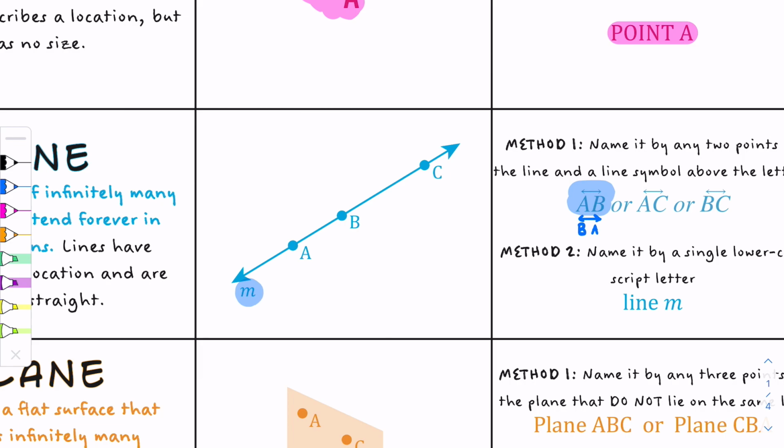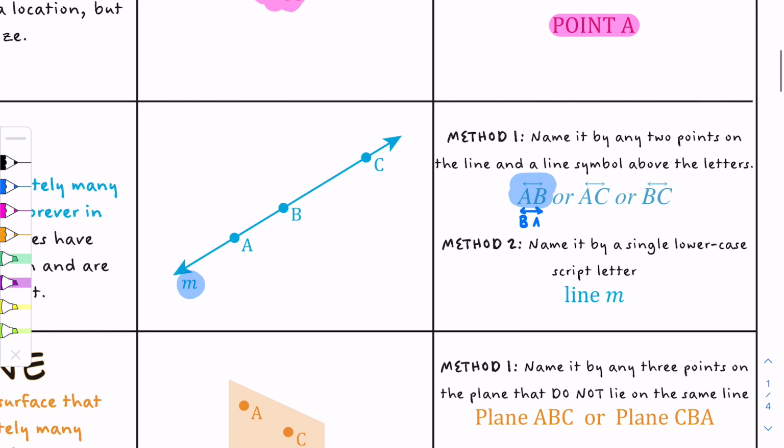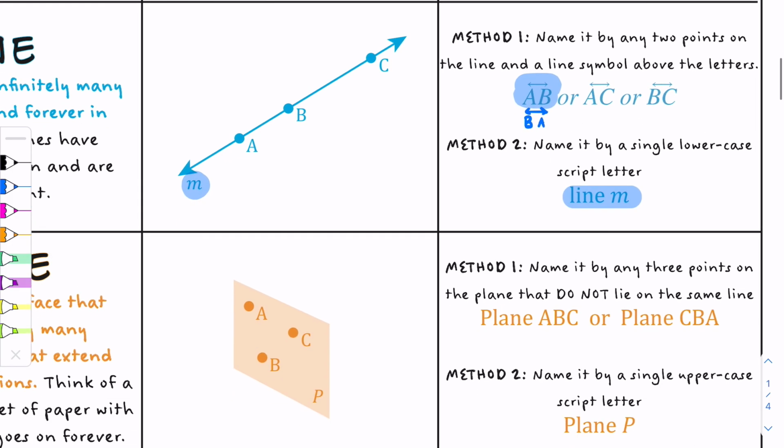So this script is M, it's the letter M. It is not a point on the line, so be clear that that is not a point. That lowercase script is strictly used to label the line, such as line M. So the takeaways from a line is that you can label it by any 2 points and only 2 points. You can never label it with 3. So label it with 2 points or label it with the lowercase script.